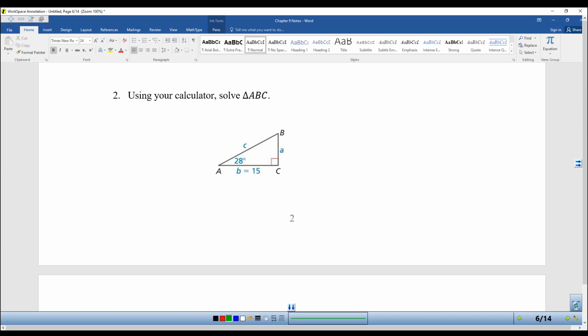Now, of course, that's only 3 angles. You're only going to memorize 30, 45, and 60. So if you get an angle like 28, then you're going to use your calculator. So I'm going to do, let's see, I have adjacent and I need both hypotenuse and opposite.